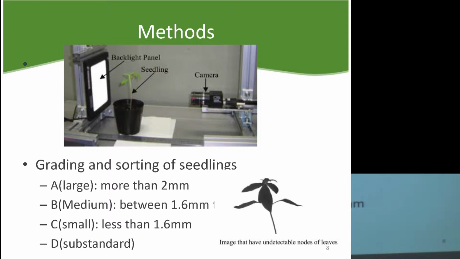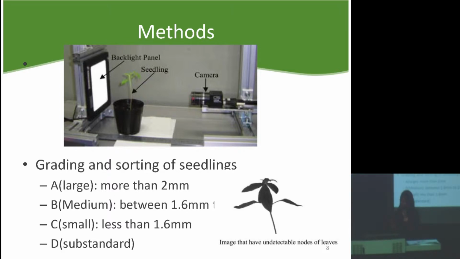For grading and sorting the seedlings, we will sort them into the 4 groups. Group A is where the diameter of the seedling is more than 2 millimeters, group B is between 1.6 millimeters and 2 millimeters, and group C is where the stem diameter is less than 1.6 millimeters.